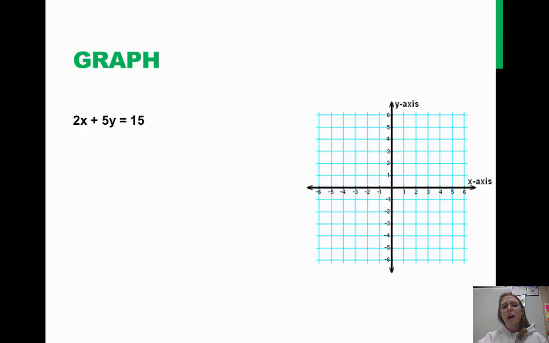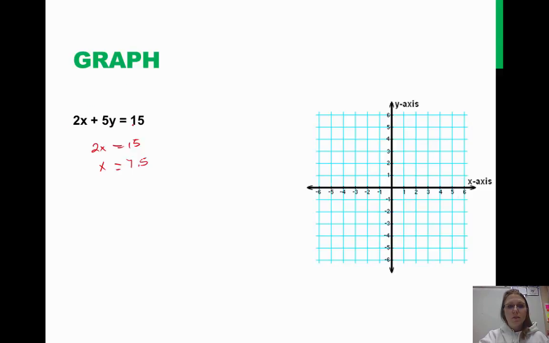Notice that this one is not in slope-intercept form. I could graph this one based on the intercepts because it's set up this way. It's a little bit easier to do sometimes. I could cancel out the 5y by putting 0 in for y. Then I'd have 2x equals 15, or x equals 15 over 2, which is 7.5.